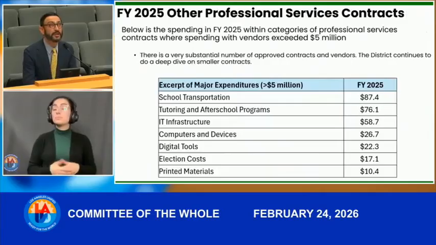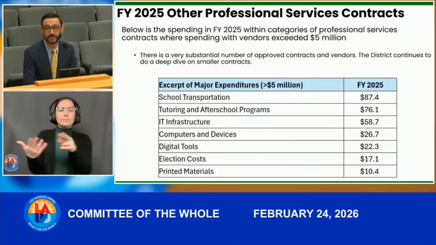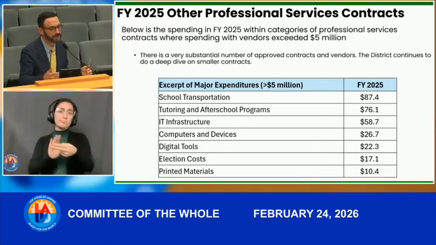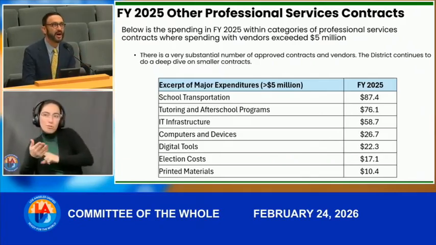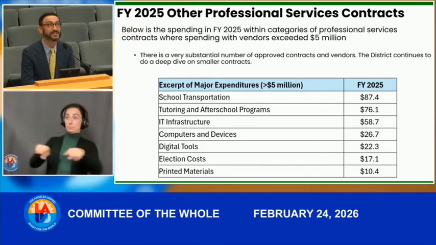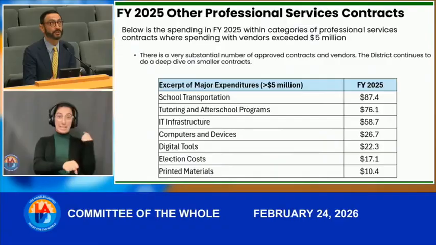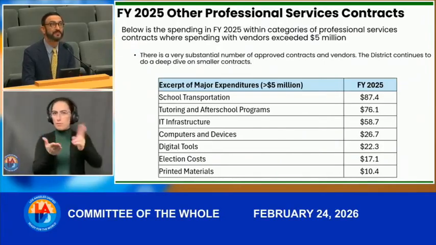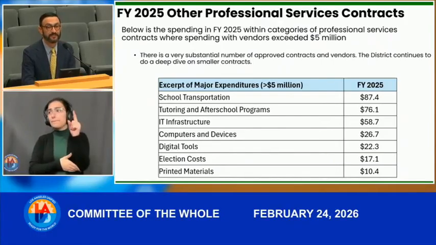So we also want to look at the other professional services, what are traditionally considered to be contracts, consulting contracts, services on contracts. What you see here are spending last school year within certain categories of professional services contracts, where the spending with vendors exceeded $5 million.